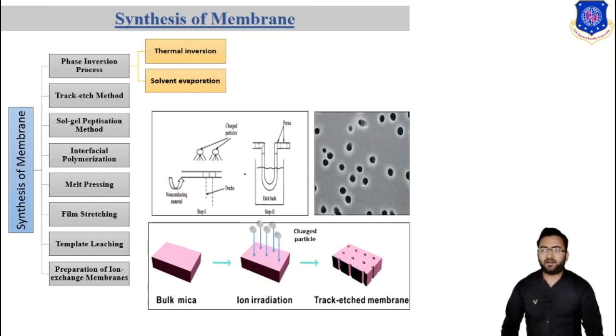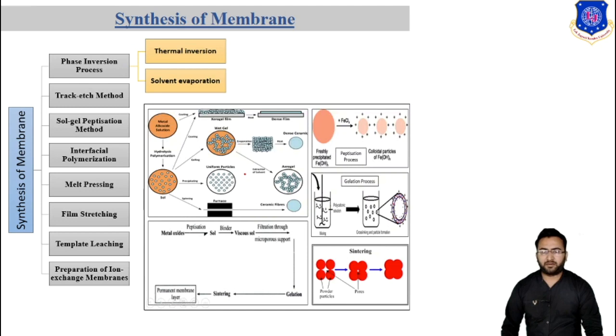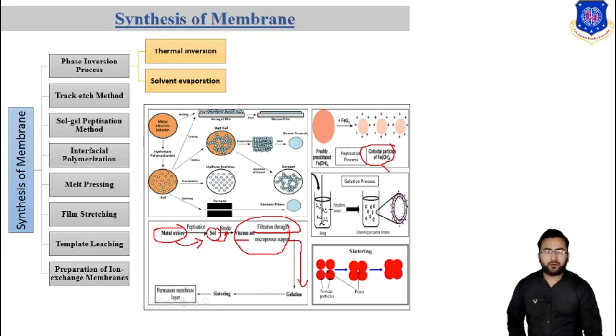Then we discussed the sol-gel peptization method. In the sol-gel peptization method, metal oxide is used, which peptizes, which means it is converted into colloid particles. When peptization of the metal oxide occurs, it is converted into the sol. This sol is mixed with a binder to make a viscous sol that is passed through filtration on a microporous support, and the gelation process starts. In the gelation process, these colloid particles are converted into solid.